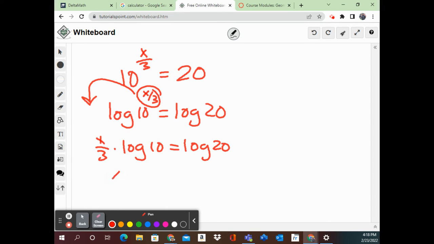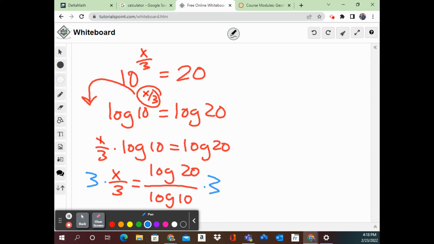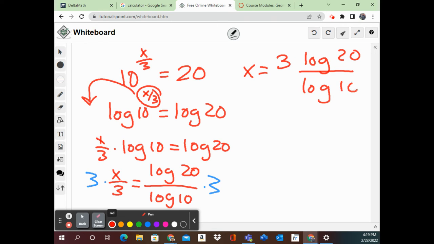Then I'll have x over 3 is equal to log 20 divided by log 10. And then I'll multiply both sides by 3, and I'll end up with x is equal to 3 log 20 divided by log 10, right?